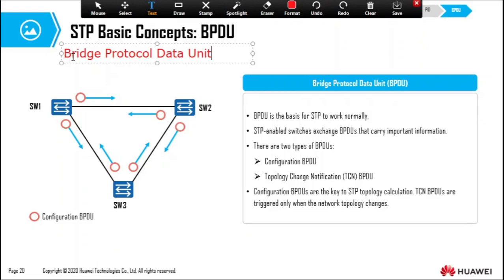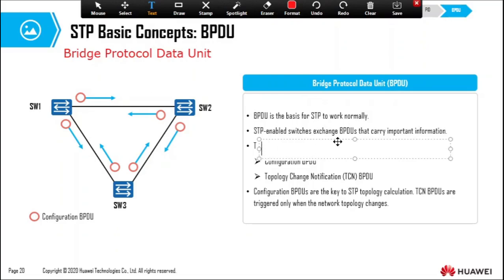So for STP, that packet is called a BPDU, a Bridge Protocol Data Unit. So normally switches will exchange information and any parameters they need by using the BPDU. So that is what we are saying here.